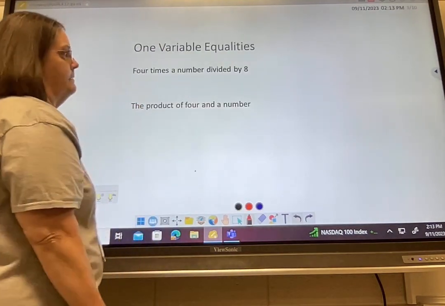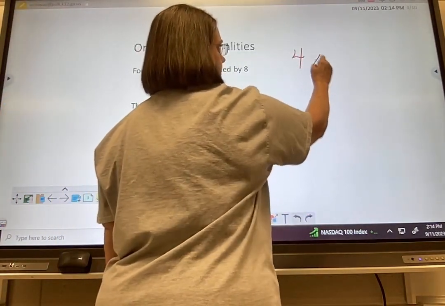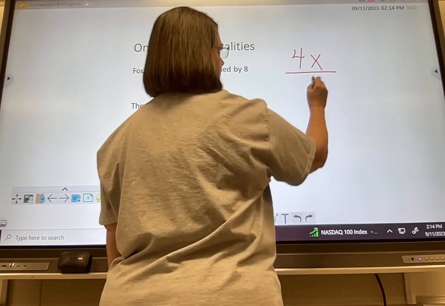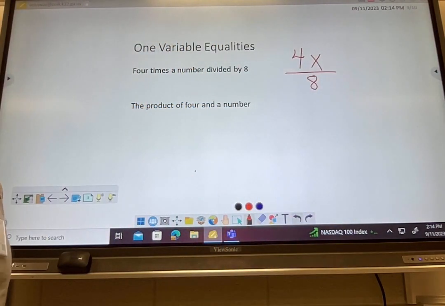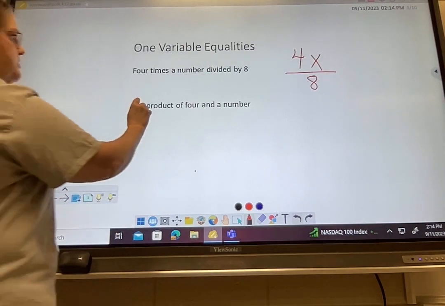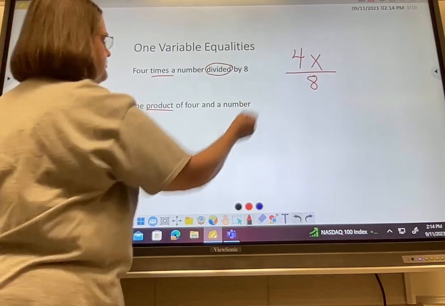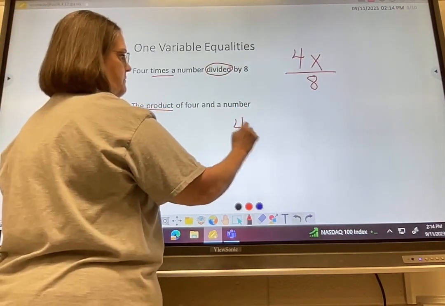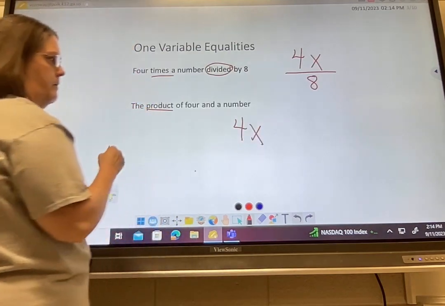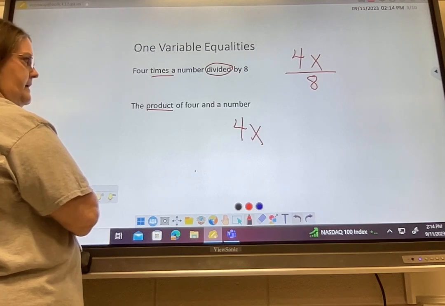Okay, 4 times a number, 4 times a number divided by 8. The product, which means to multiply, divided by, we usually write as a fraction. But the product of 4 and a number, we write multiplication that way, 4 and x side by side.